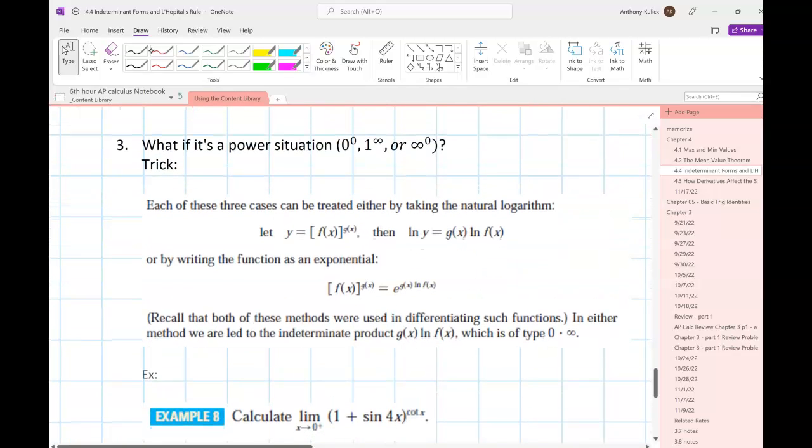What about the last situation where I have one of these indeterminate forms that are powers, like 0 to the 0 or 1 to the infinity or infinity to the 0? Well, here's the trick: we're going to take our function and rewrite it as a product using a natural log.